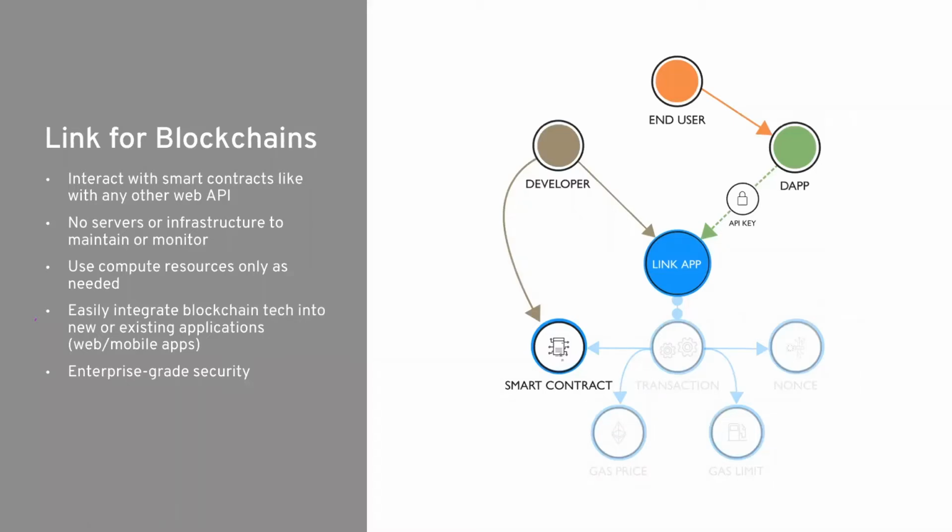Yeah, and to elaborate on that a little bit, when you're building an app that interacts with a blockchain, there's a lot of complexity you have to introduce on the client side. There's a lot of cryptography you have to incorporate, and it's just a very difficult thing to bring into a project that you already have.